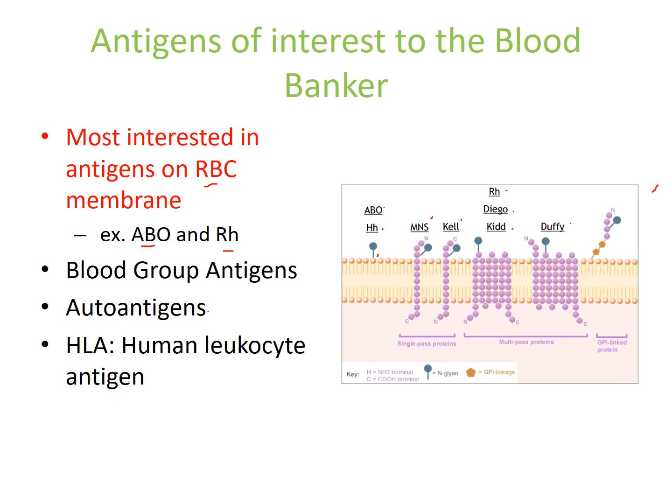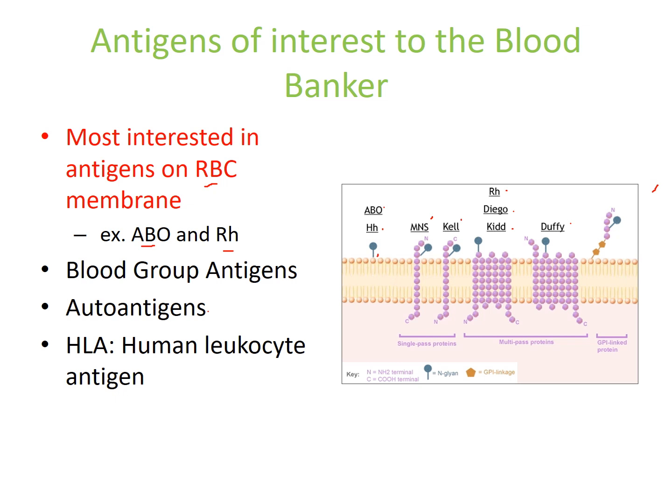Another situation is where your B cells are responding to a foreign antigen, maybe an antigen on an EBV virus or something like that, but that antigen happens to match another antigen that is found on one of your cells. So those are two situations in which an autoantibody would be created against an autoantigen, and those are something that we do have to worry about in the blood bank.